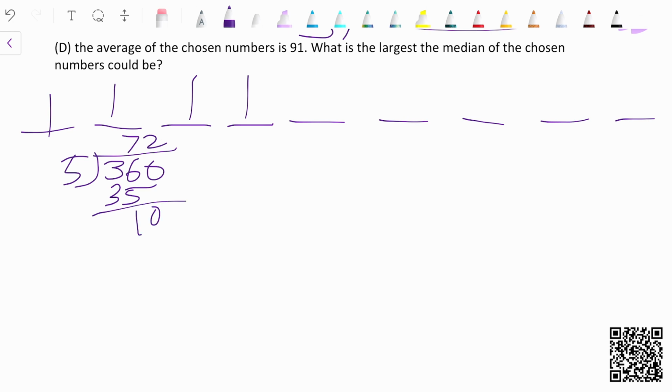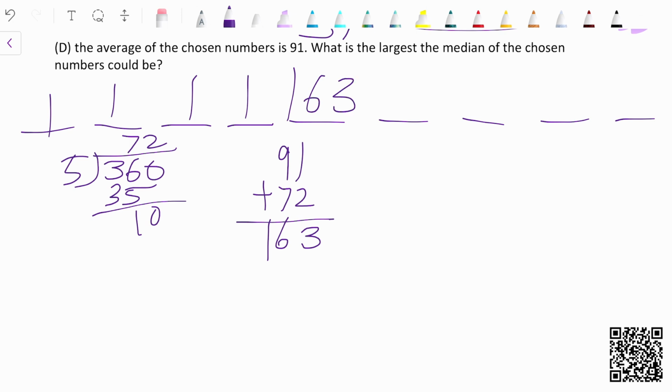So 72 for each number. 91 plus 72, so 91 plus 72. Since all 5 of these numbers are equivalent, the number they receive from the ones is also equivalent, so 163 is the largest the median of the chosen numbers could be.